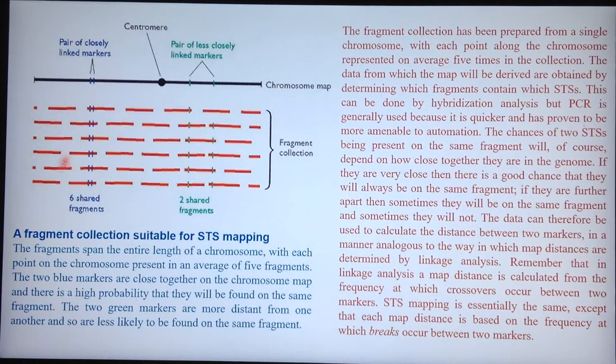This has largely helped in the genetic mapping of the human genome, because in linkage analysis a map distance is calculated from the frequency at which crossover occurs between the two markers. STS mapping is essentially the same, except that each map distance is based on the frequency at which breaks occur between these markers. You can see the chromosomal fragmentation pattern.